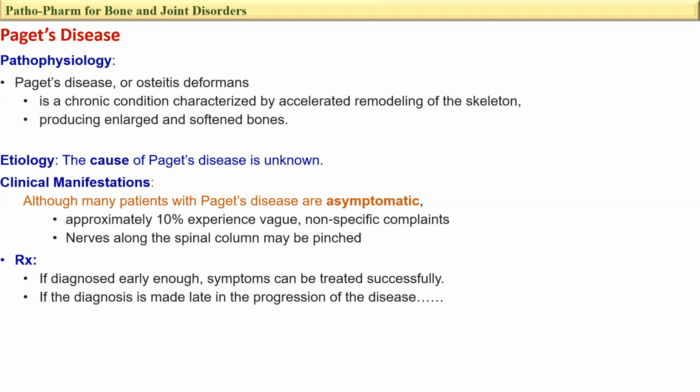Although many patients are asymptomatic, about 10 percent of patients may experience vague, non-specific complaints that include pain of the hips and femurs, joint inflammation, headaches, sometimes facial pain, and hearing loss, which happens when the bones around the ear are affected.